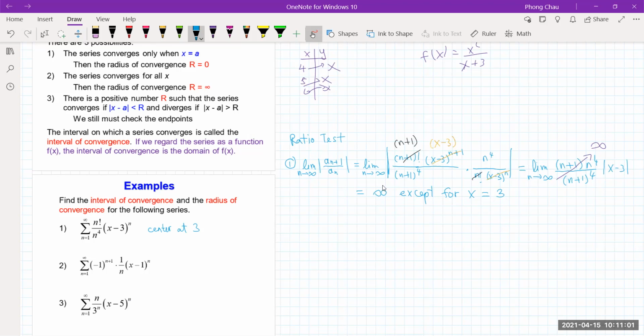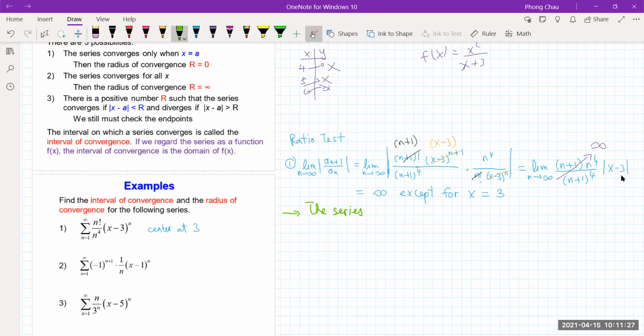And because it's infinity, that's much bigger than 1, so we can conclude the series that we are testing always diverges, right? Infinity is more than 1, so it always diverges, except when x equals 3.